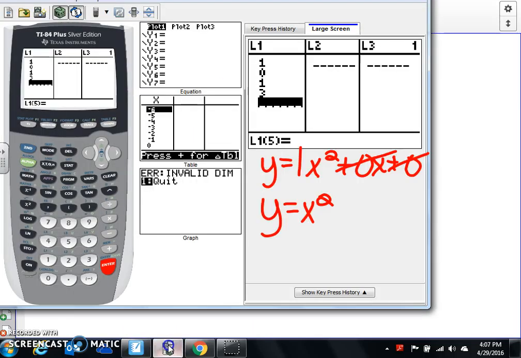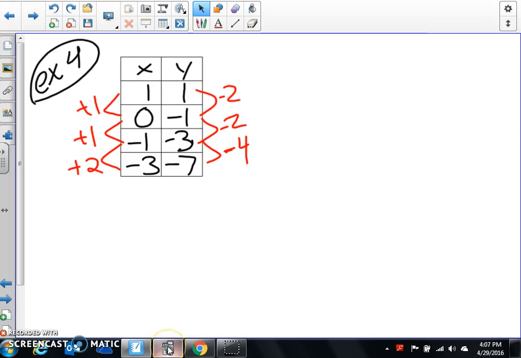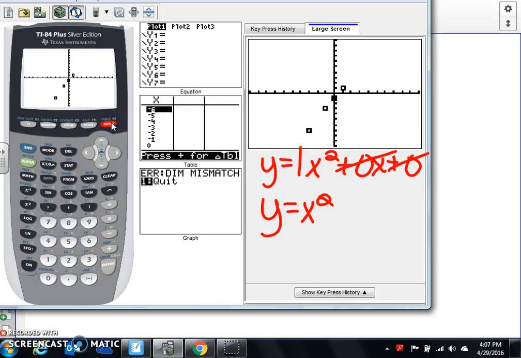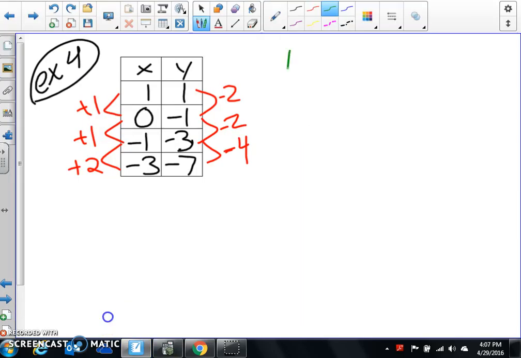My bad. Hold on. Our y values are 1, negative 1, negative 3, negative 7. And we can go ahead and look at the graph. That definitely looks linear to me. So I'm going to definitely say that's linear.